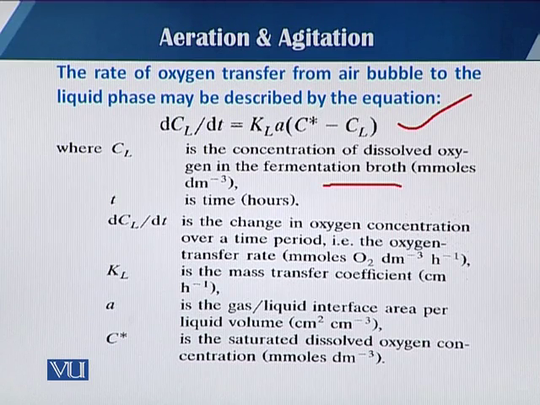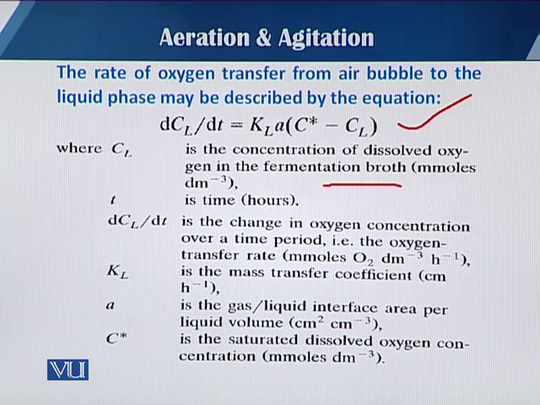So dCL is the change in the concentration of the oxygen with respect to time, and t is the time, mostly expressed in hours. So dCL over dt is the change in oxygen concentration over the time period, that is actually the oxygen transfer rate, expressed in millimoles of oxygen per liter per hour.